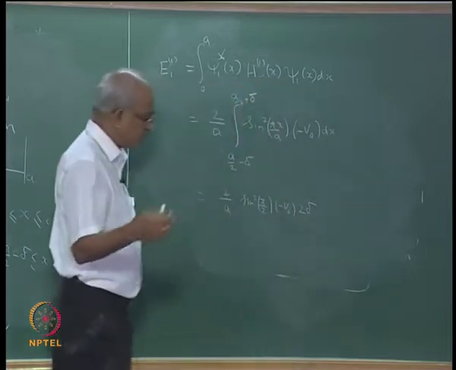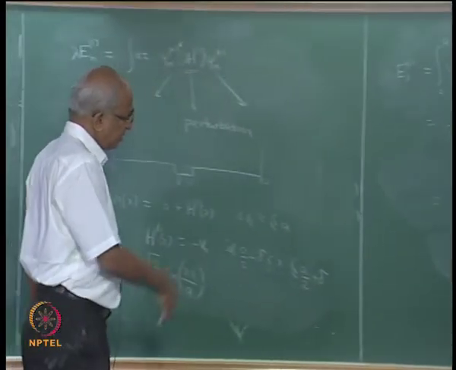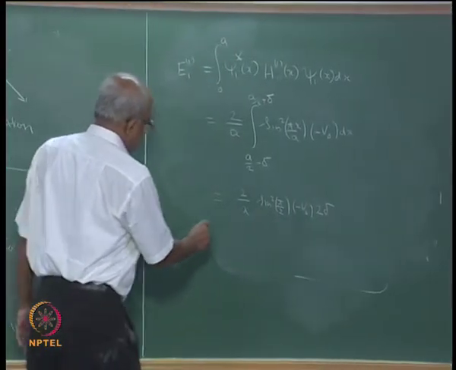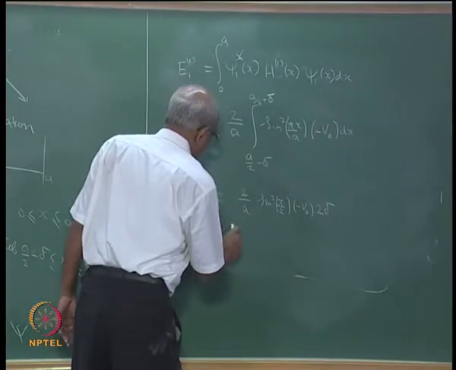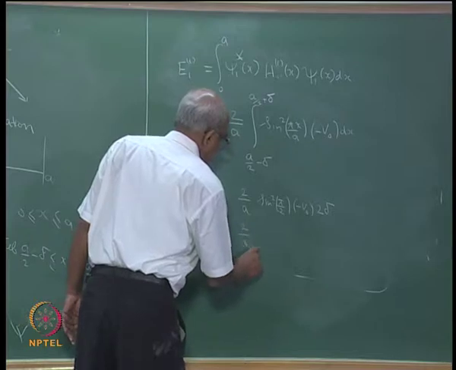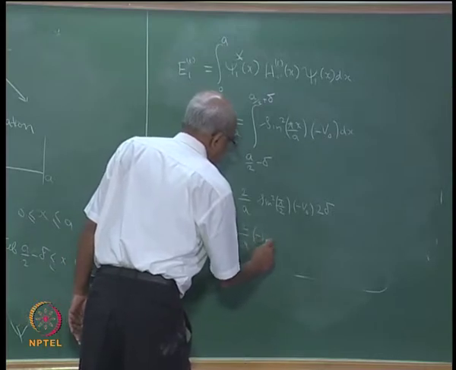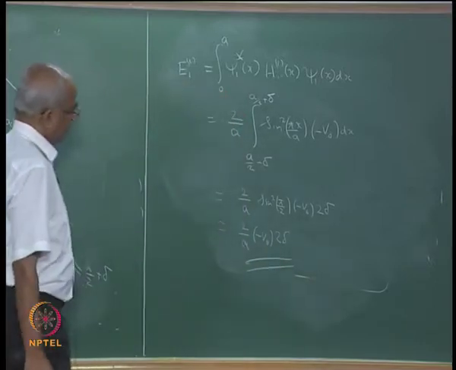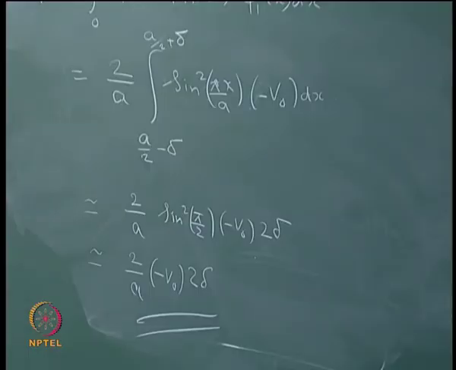I wonder whether I am going fast, but this is a simple calculation. So, what happens is you will get 2 by A into minus V0 into 2 delta as the answer. This is assuming that delta is very small.